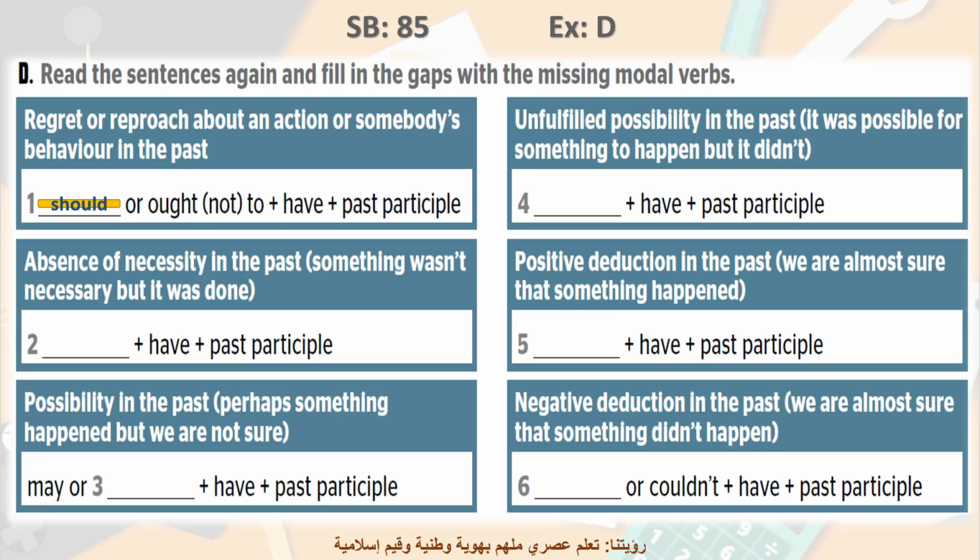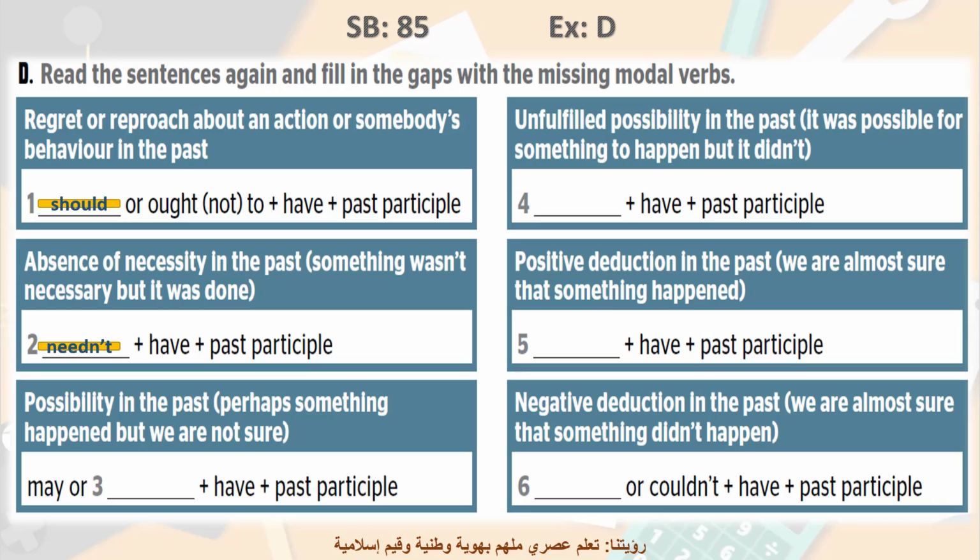Yes, here we use needn't have plus past participle. Because in the present we use needn't plus base form of the verb. Needn't go, needn't eat. But when I talk about the past, I said I needn't have gone. ما كان هناك داعي أن أذهب إلى هذا المكان.